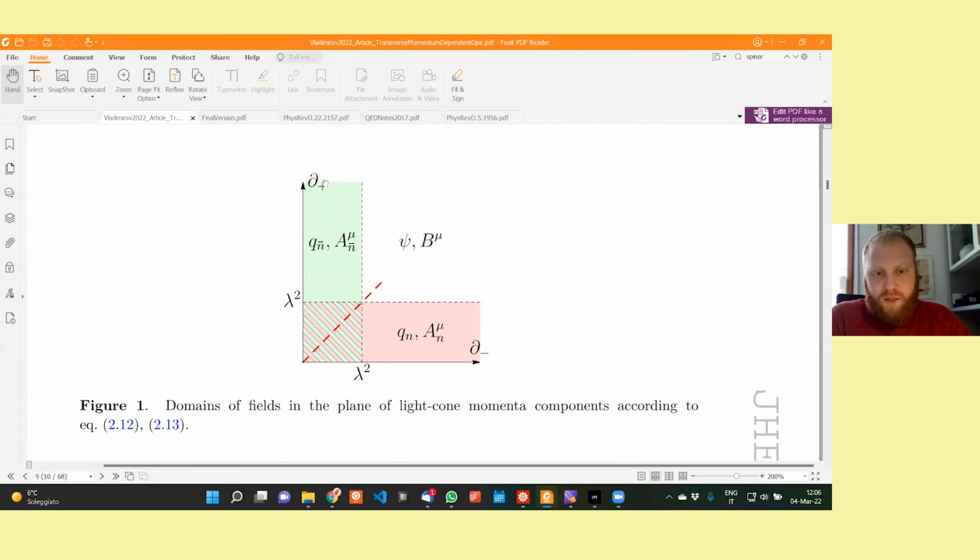So these derivatives are basically the plus momentum and the minus momentum. So for Q n, the minus momentum is large, but at some point, and the point is exactly given by this lambda squared, its minus momentum is kind of small, even if it should be the dominant component. The same happens for n bar fields with plus momentum.